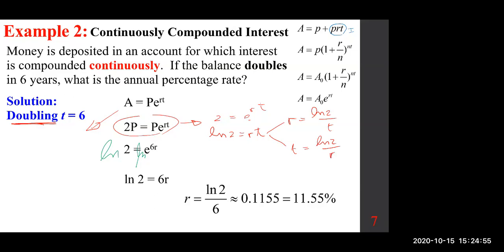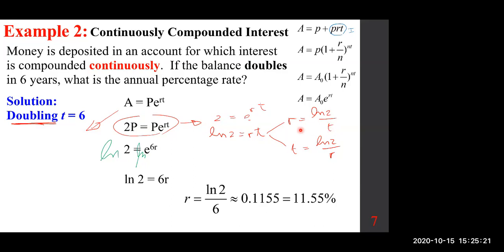So let me tell you what each one says. So doubling time ends up being this, class, ln2 divided by R. The rate for doubling time would be ln2 divided by the time that it takes to double.